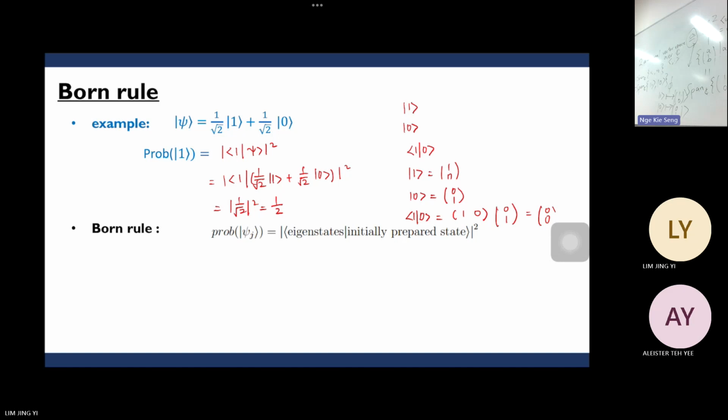Normally the column of 1, 0 is the notation for the two-dimensional vector space, but when you do calculation, your calculation lives in the vector space.